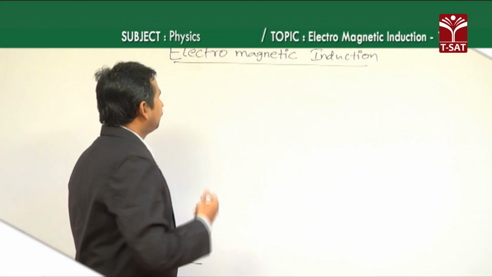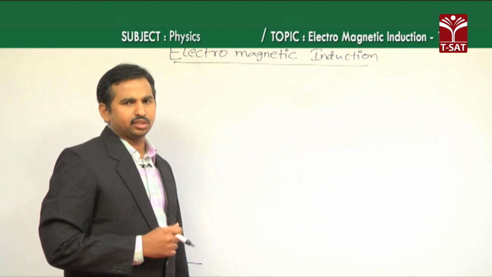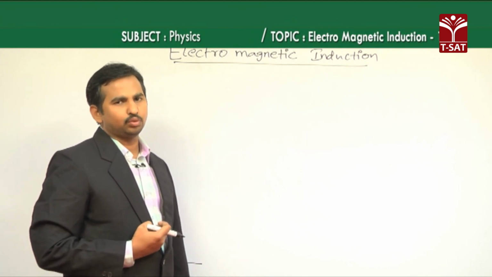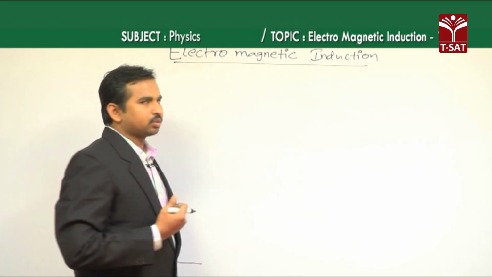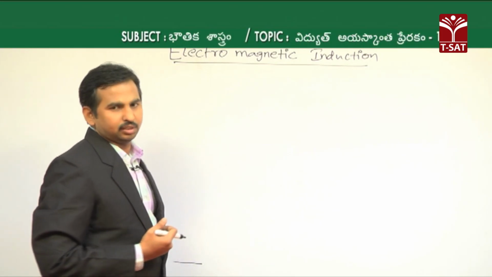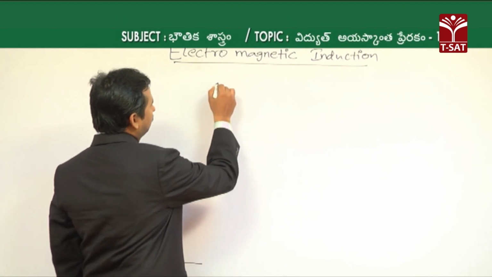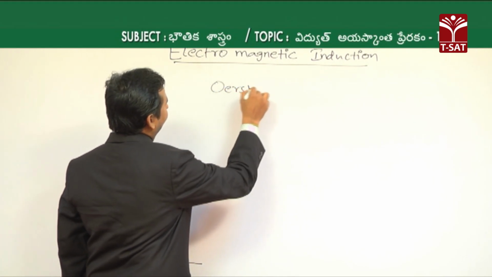Now we will see what electromagnetic induction is. As we have already seen the properties of the magnetic lines of force, for the first time this was observed by Oersted.